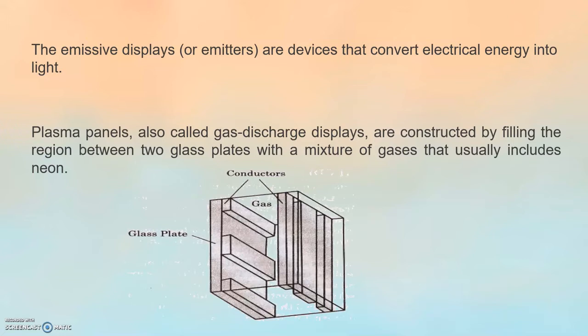Like I said, you'll be having a vertical conducting ribbon and a horizontal conducting ribbon. They are conductors and there is a gas known as neon in between the glass plates. One disadvantage of plasma panel is that they are strictly monochromatic devices, that is, they can only display one color.